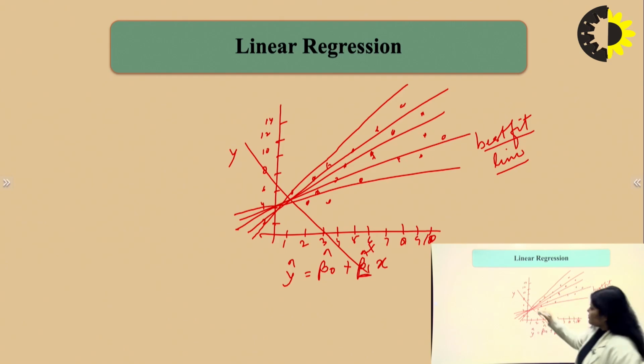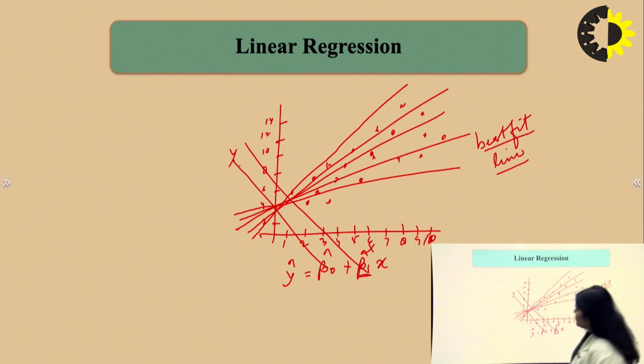So infinite number of such lines exist in this two-dimensional space. In a way, this coefficient beta 1 controls the slope of the line.